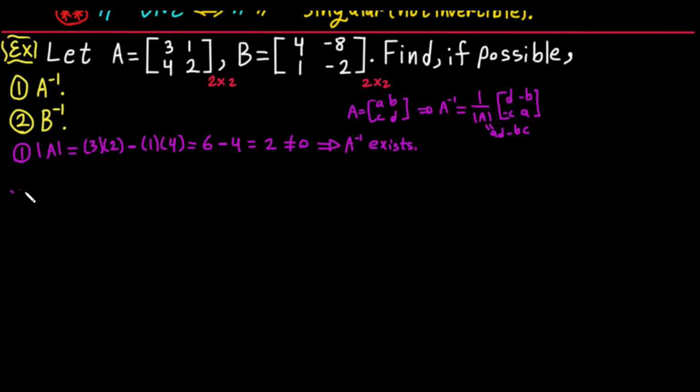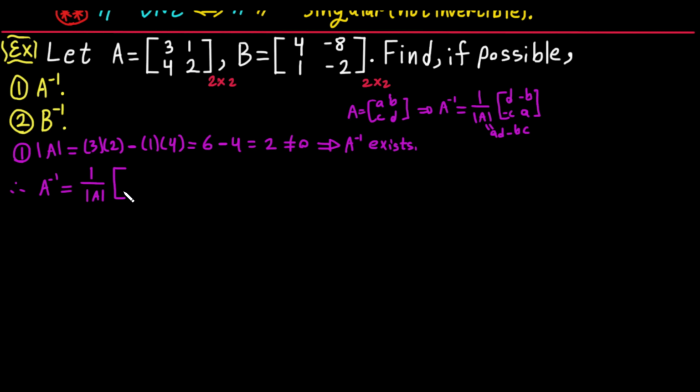So here, therefore, A inverse equals 1 over the determinant, which is here 2, multiplied by the matrix where we just have to swap the diagonal elements.